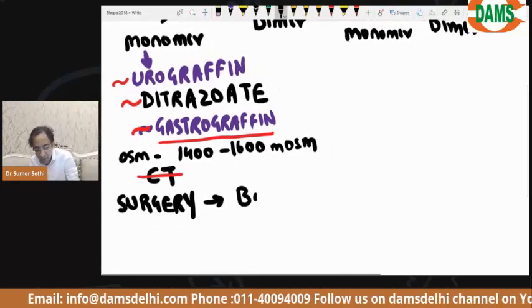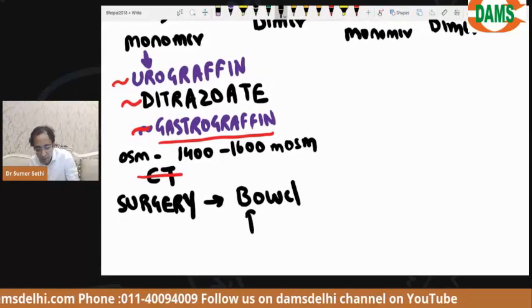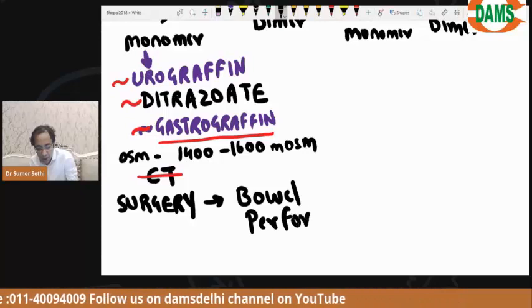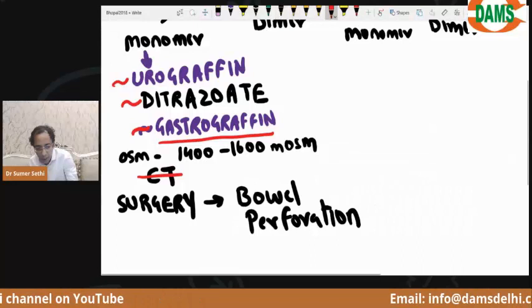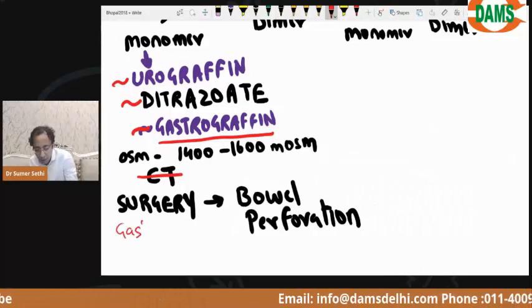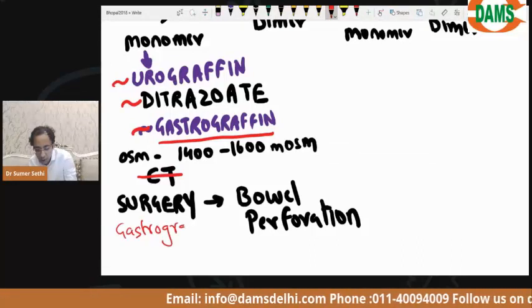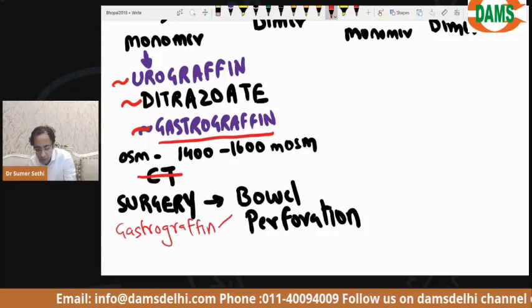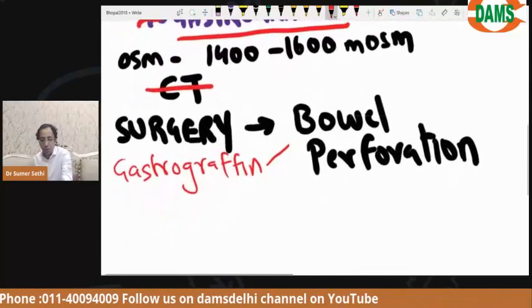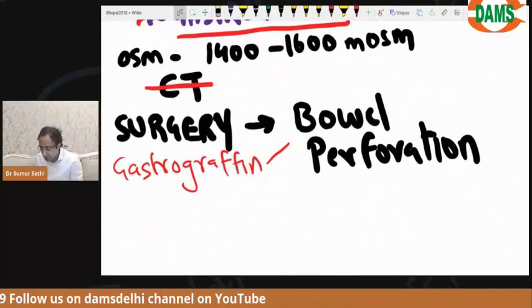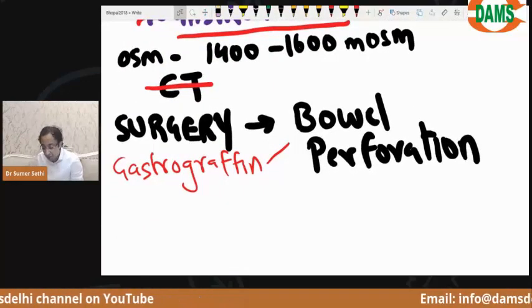Remember, in surgery, when they say for bowel perforation, the dye that they give orally to see for the peritoneal leak is gastrografin. Now, are you able to remember? Gastrografin study is used in bowel perforation, not in the esophagus. Bowel perforation is the answer.